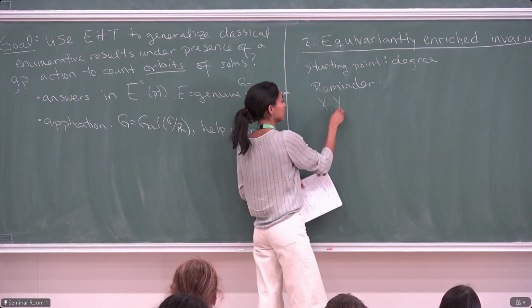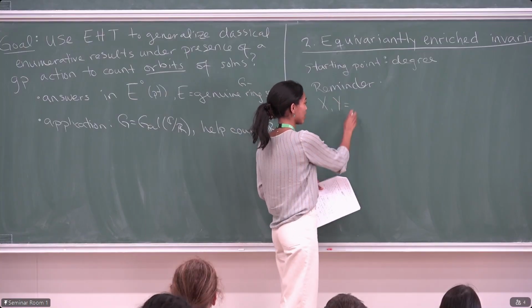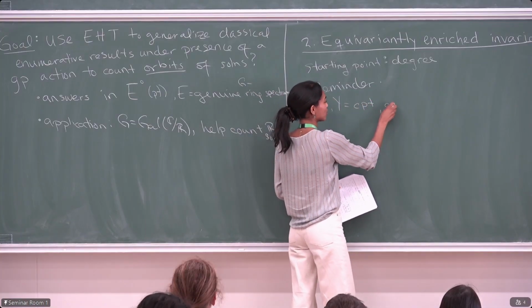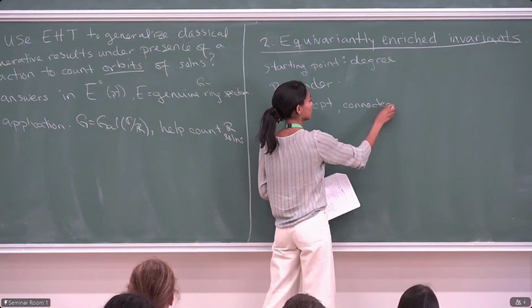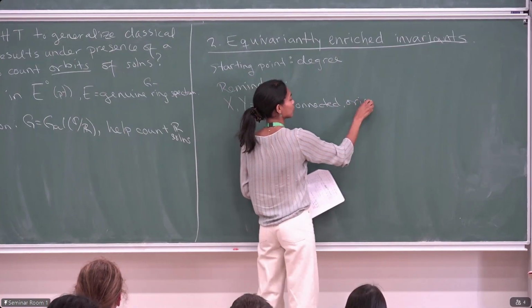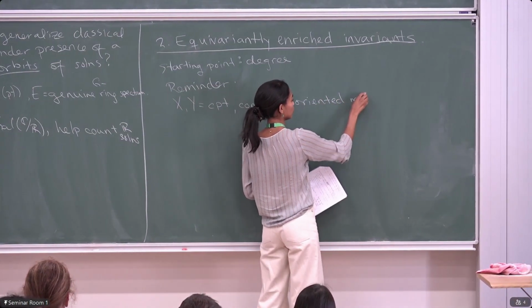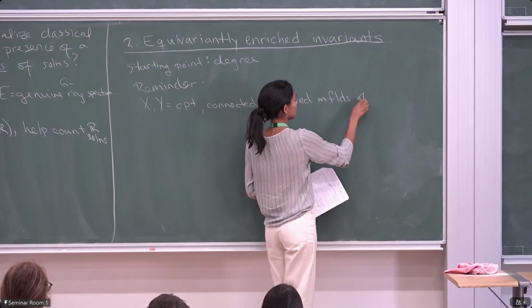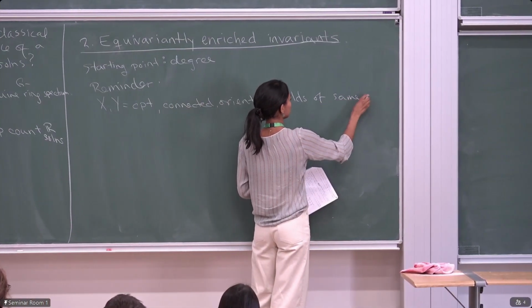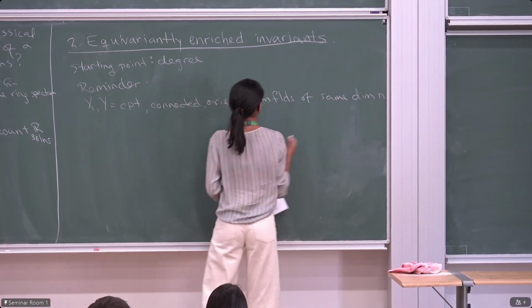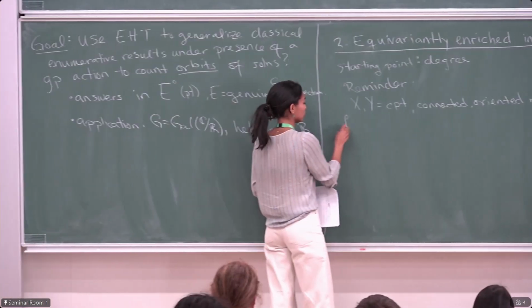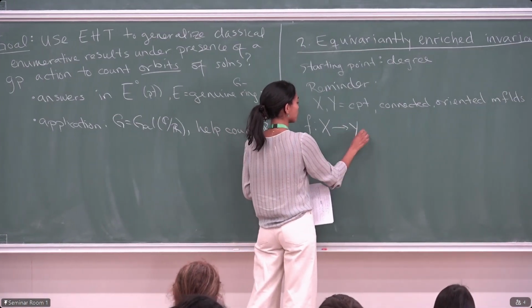Given X and Y, let's say that they're compact, connected, oriented manifolds of the same dimension, and let's say that I have some map f between them.